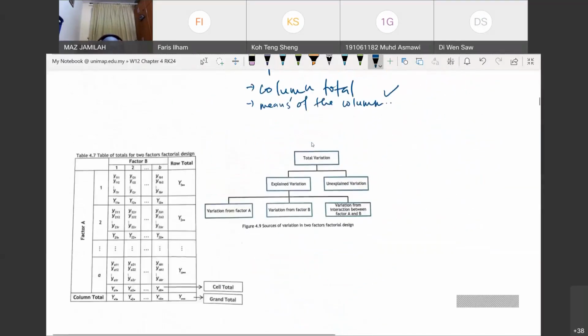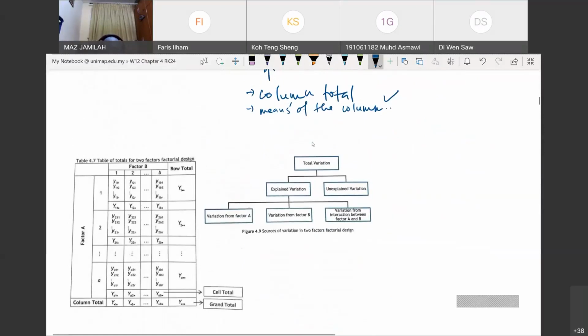Now, what else should you know about this particular setting of two factors? For example, regardless of how many dimensions there are for columns and rows, the one we are interested in is the total variation. This is the variation coming from all the samples, or the response variable that you have selected.